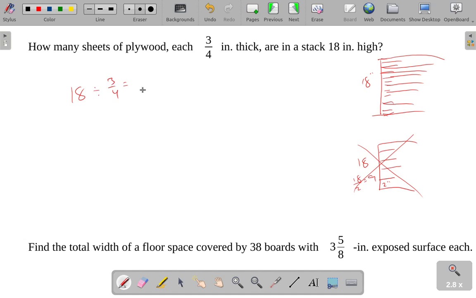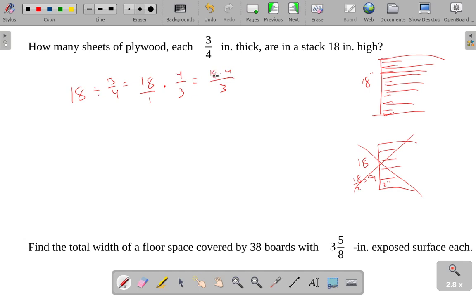We're dividing by a fraction, which means I'm going to change this into 18 times 4/3. I actually did change this to 18 over 1 as well, just so I can think of it as a fraction, but that one's not quite as important as the 3/4 going to 4/3 and changing this to multiplication. Now that it's multiplication, I can see 18 times 4 over 3.